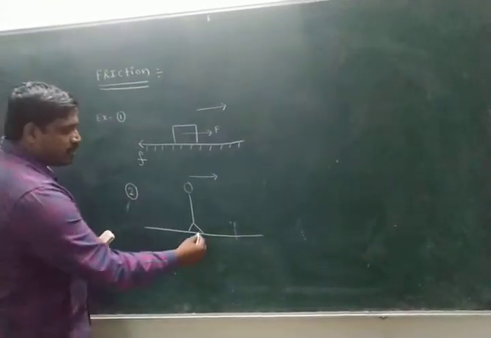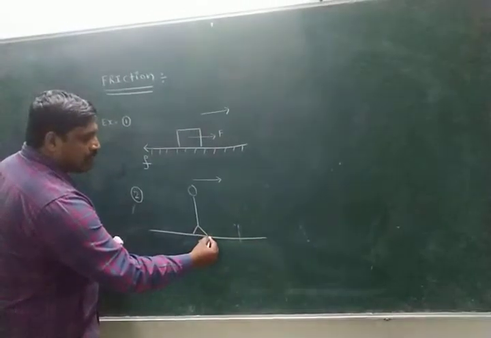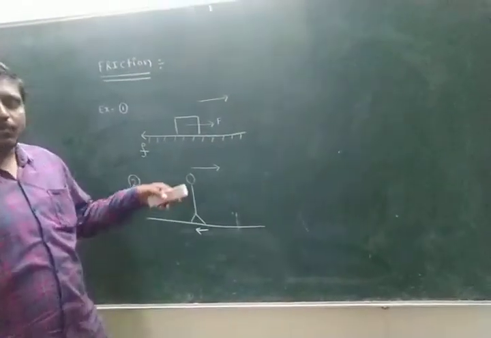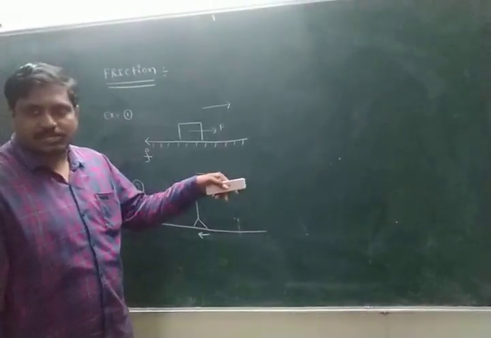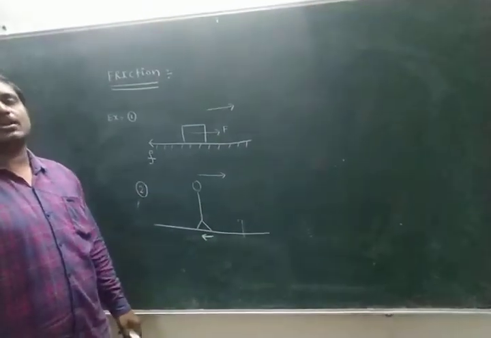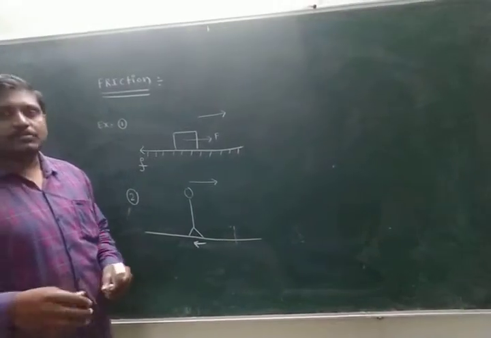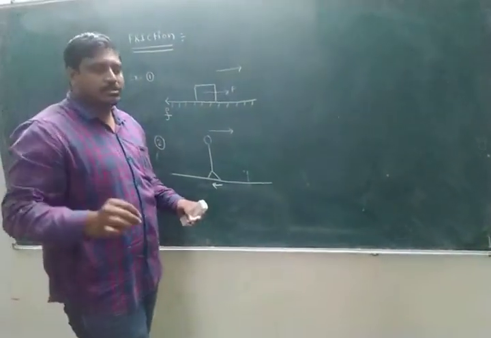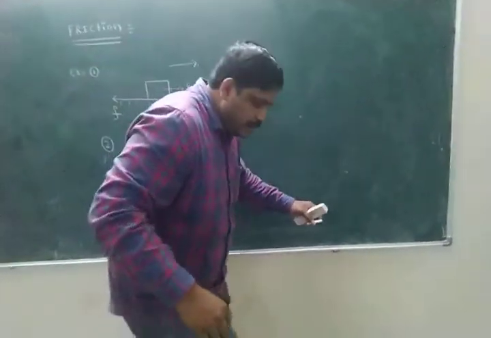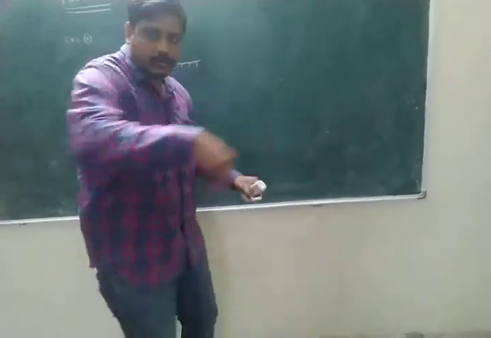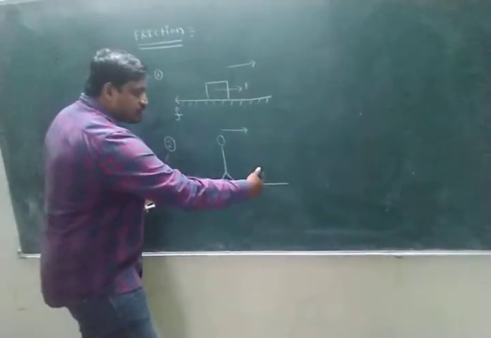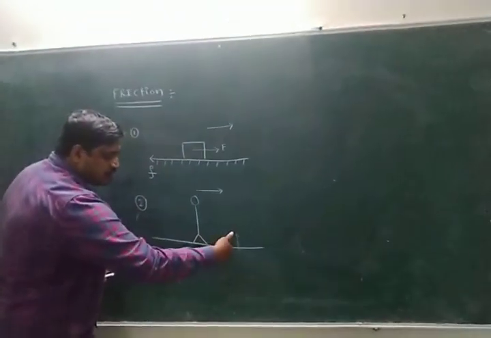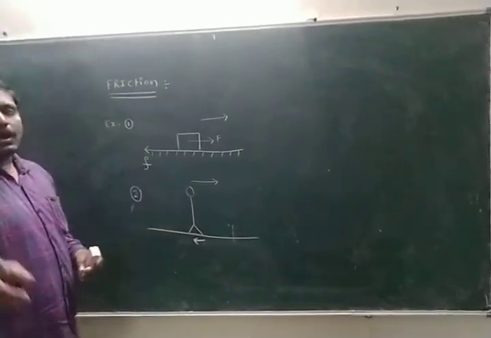That means the external force on the surface is in this direction. Actually the boy moves towards the right. But because the boy is in motion, his five fingers look like this. The external force acting on the surface is in this direction.